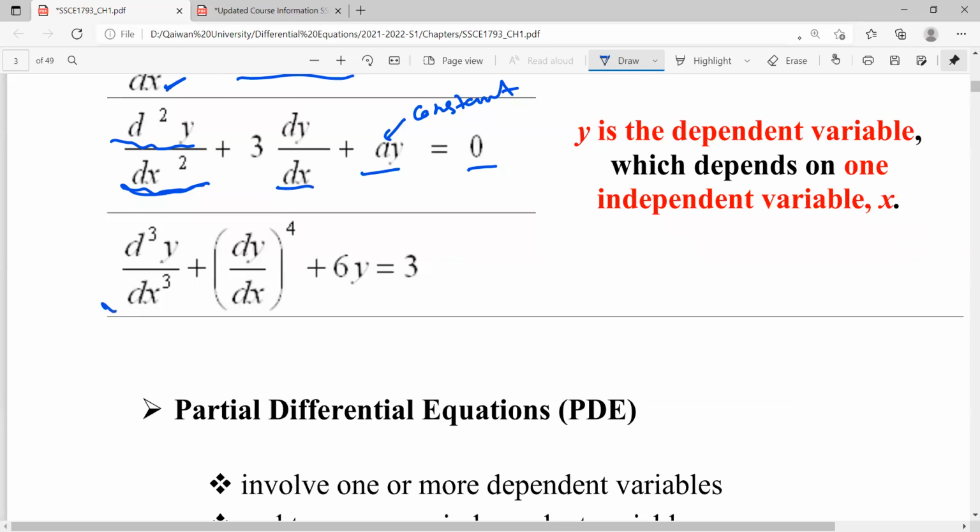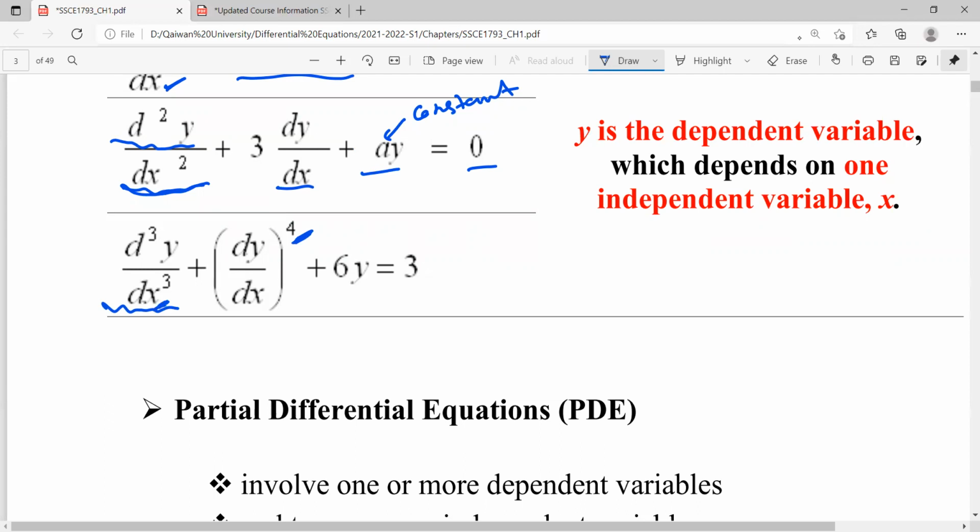You have another example. It's d cubed y by dx cubed plus dy by dx to the power 4 plus 6y equals 3. Here, as you have dy by d something, y is the dependent variable. And x, in the denominator, means x is the independent variable.